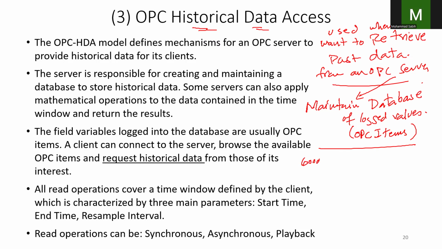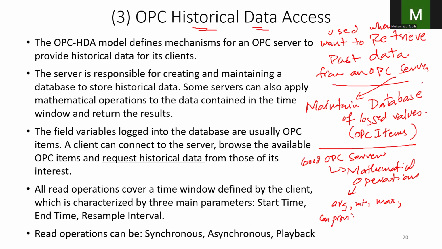We can say that some good OPC servers also do some mathematical operations on the historical data, and they can give us, for example, the average, minimum and maximum over a time window, and they can provide these values on request, of course, a request from the OPC client.